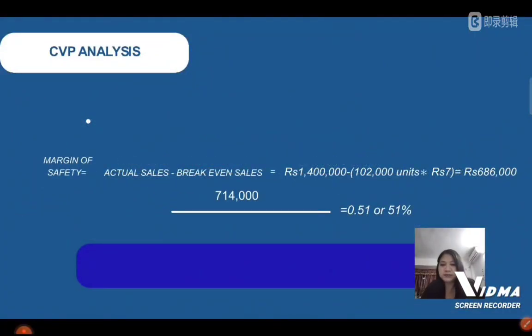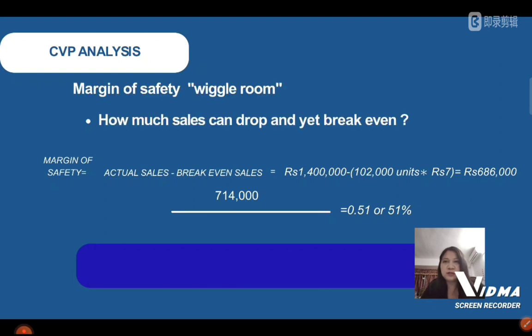The fourth component is what we call the margin of safety, or our wiggle room, which tells us how much sales can drop and yet break even, which means we're not going to profit, but our company will not lose money. The margin of safety is calculated by identifying our actual sales minus our break-even sales.